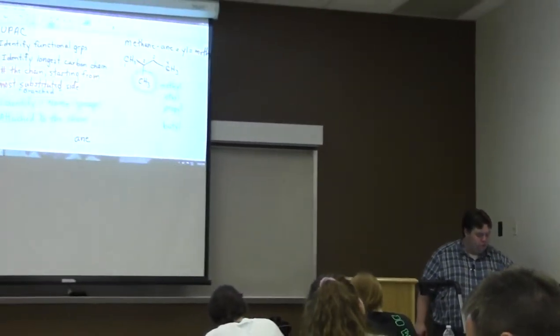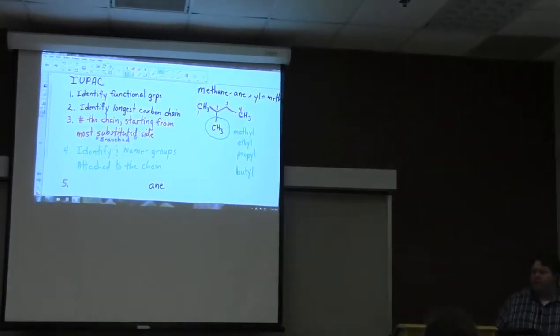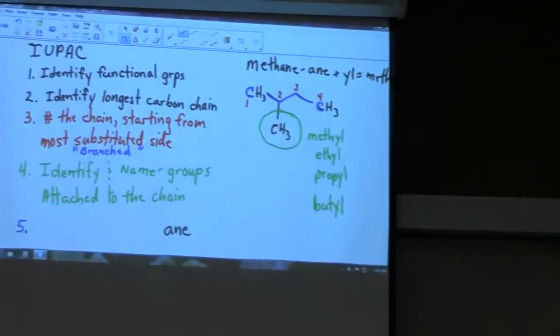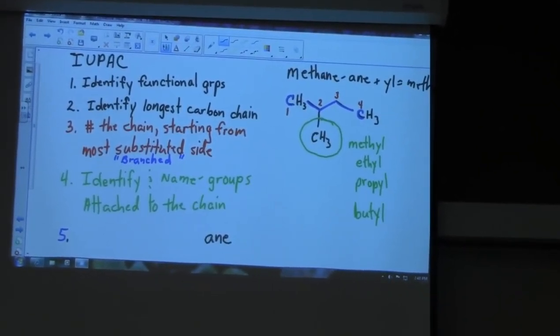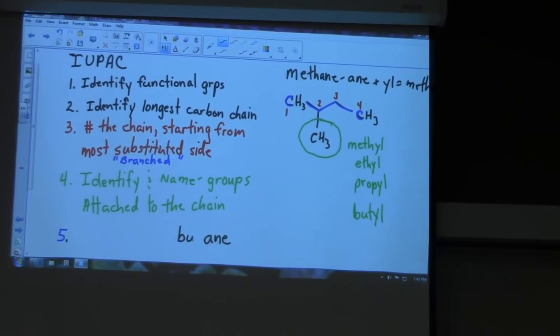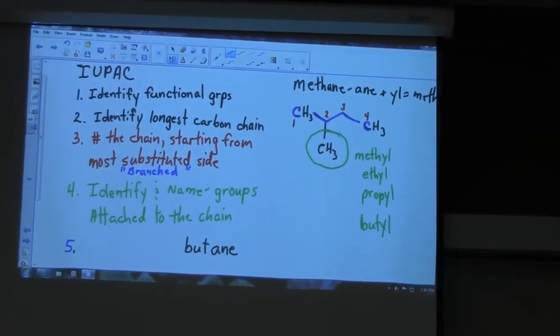We look at the longest carbon chain, which is 4 carbons long, and we figure out what does that correspond to. Is that meth, eth, prop, but, pent? What is it? But. Okay, so this is actually based on butane. Okay, and there's a methyl group attached to it. So we would call this methyl butane.